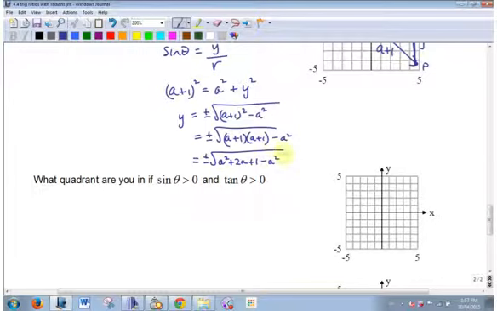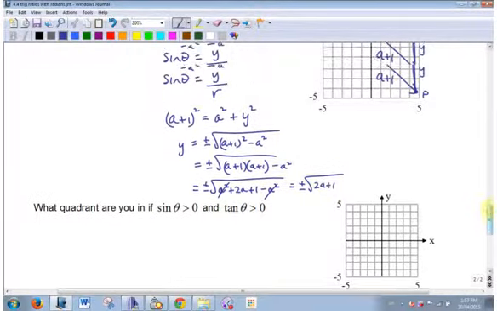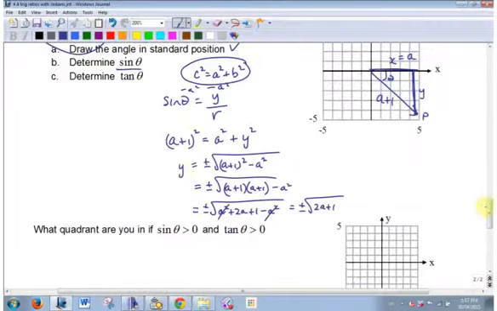How many a squareds do I have, Reese? Thanks, Reese. Okay, so that is plus or minus the square root of 2a plus 1. Do I want the plus or do I want the minus for y? Yeah, it's negative.